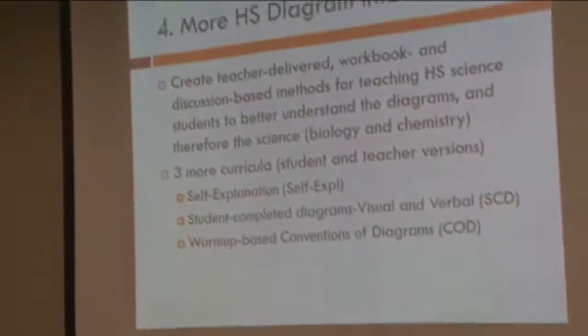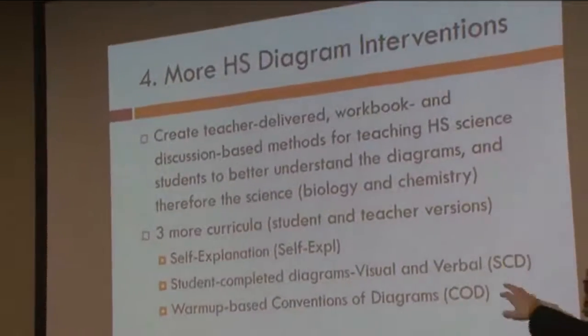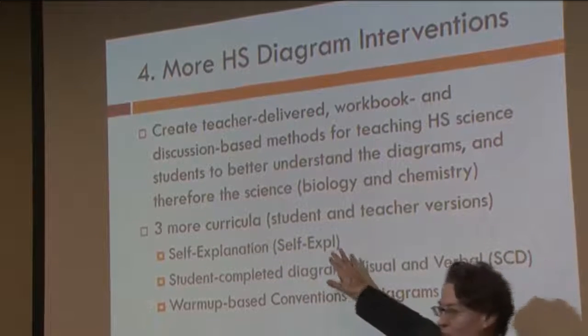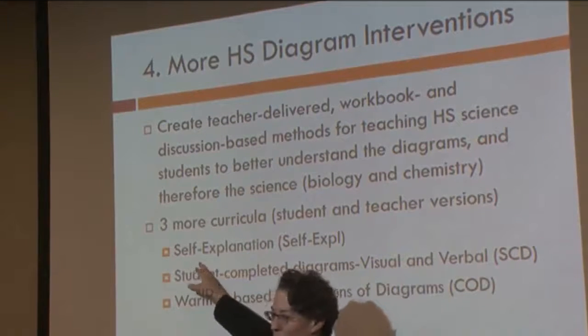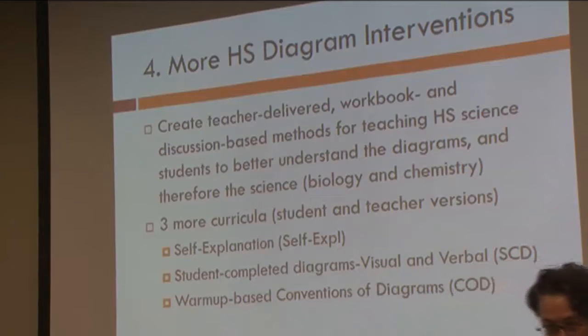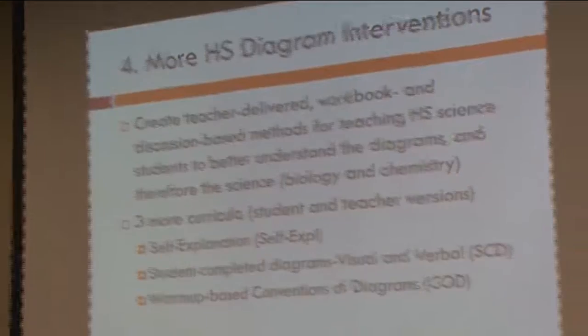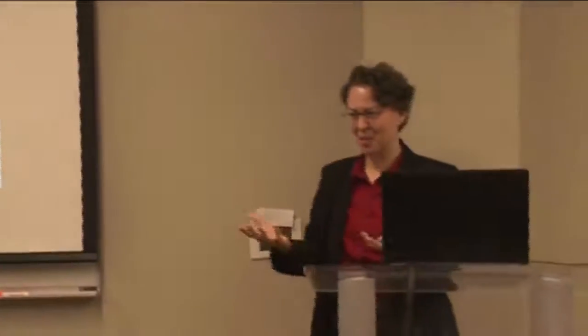All right, more high school diagram interventions. Some of you read papers that talked about the student-completed visual and verbal and self-explanation. The only thing I want to point out about self-explanation is that the kids hated it, but they didn't learn any worse from it. The teachers, I think, were kind of annoyed. And we've also done this as a warm-up. In other words, kids come in, and instead of doing, I don't know, the astronomy crossword puzzle that's completely unrelated to what they're learning, we just gave them questions that they spent the same 5 minutes on.